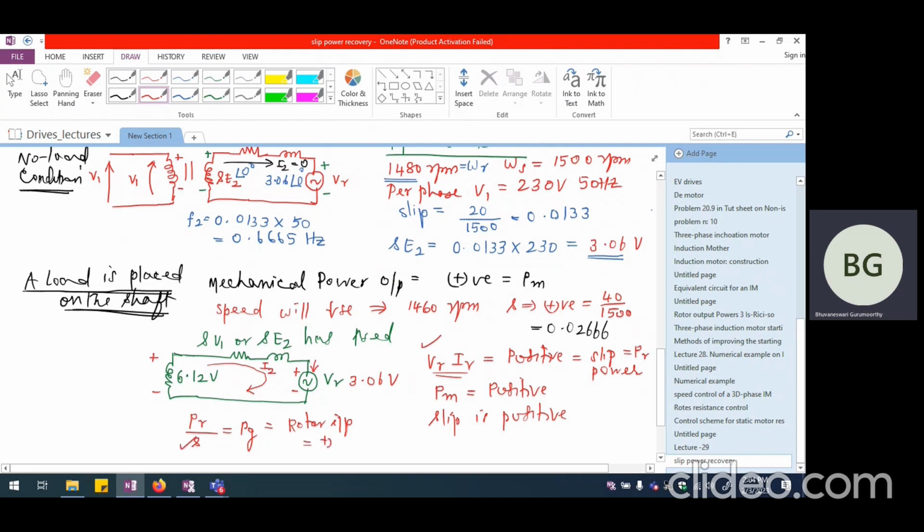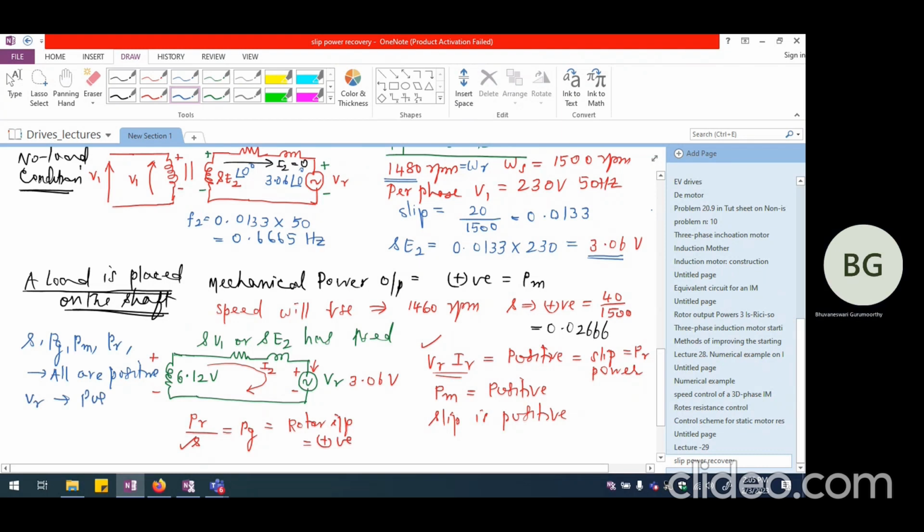So this will also be positive. So in this particular case, I should be able to say PG, PM, PR and slip all are positive. And we have VR to be positive and IR is also positive. All of them are positive.